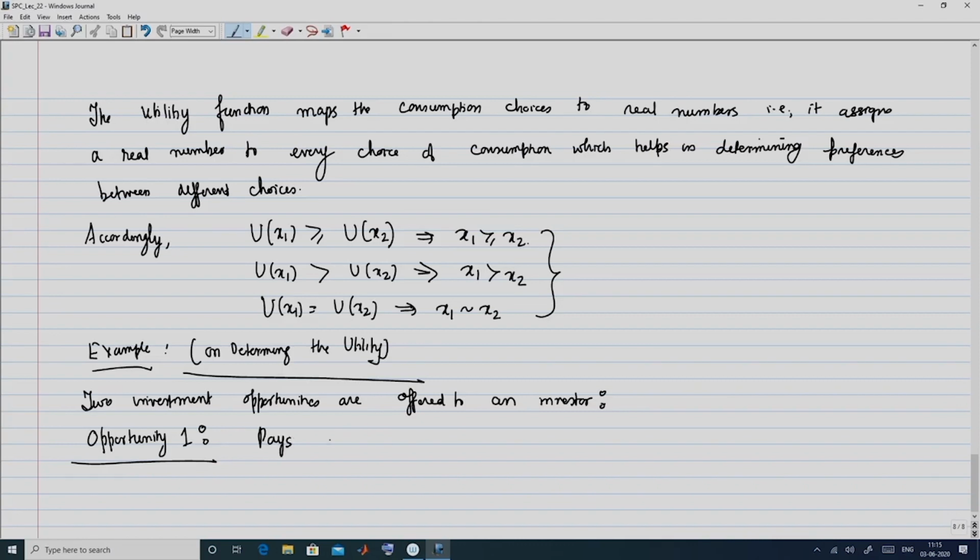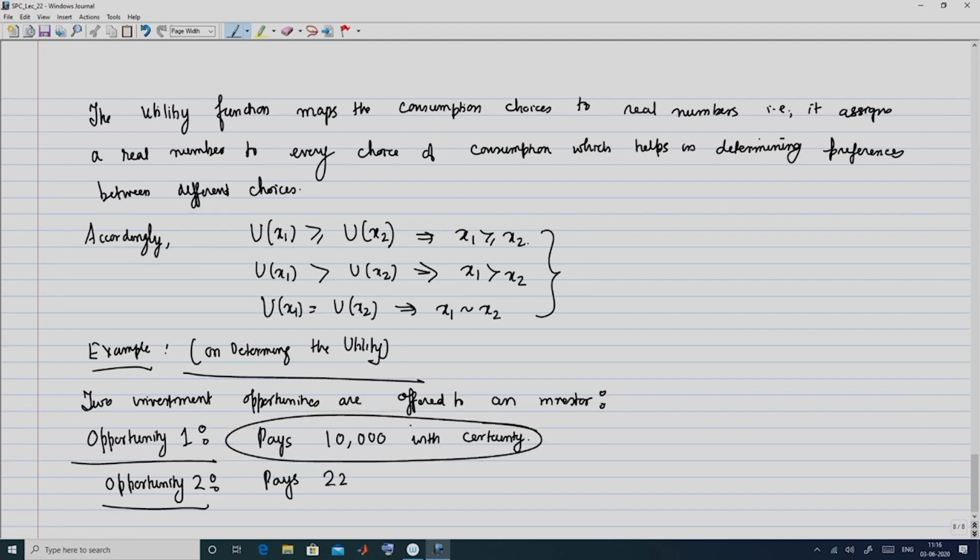In the first opportunity, the investment pays an amount of 10,000 with certainty, and in the second opportunity it pays. So, the first one is a deterministic quantity and it pays a certain amount. So, this is like a bond, and the second opportunity is going to pay out random variables.